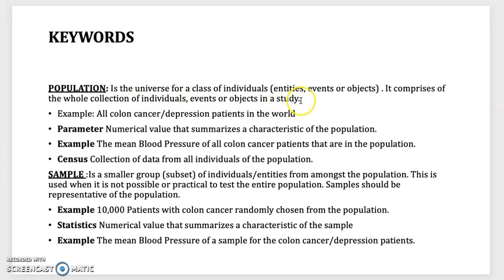So that's our subject. For example, the population can be all the colon cancer or depression patients in the world. Remember, your population means everything related to the subject.